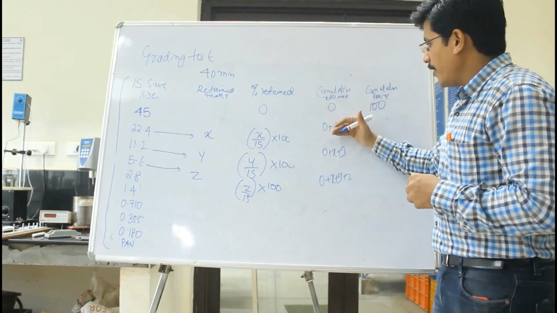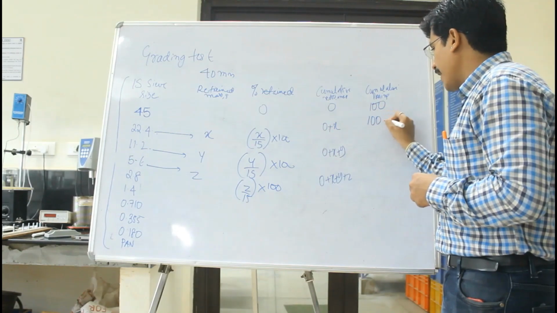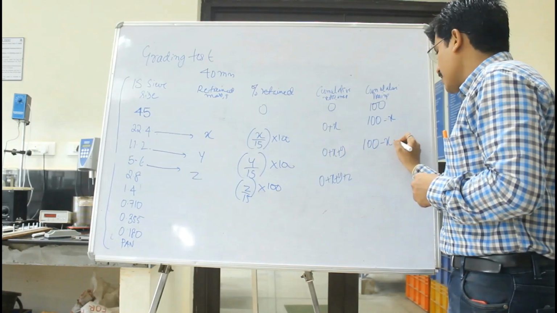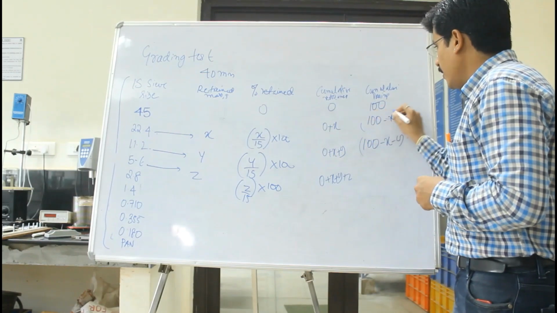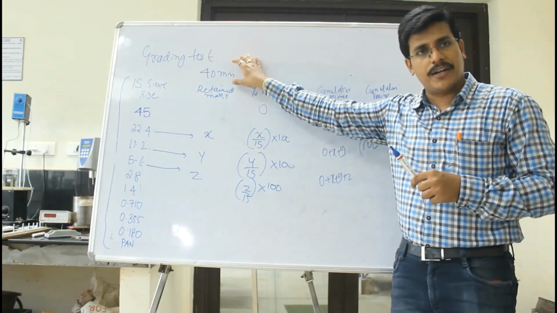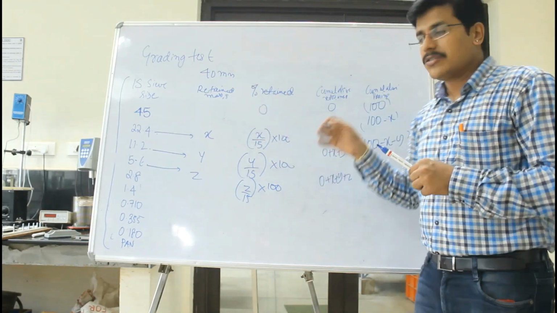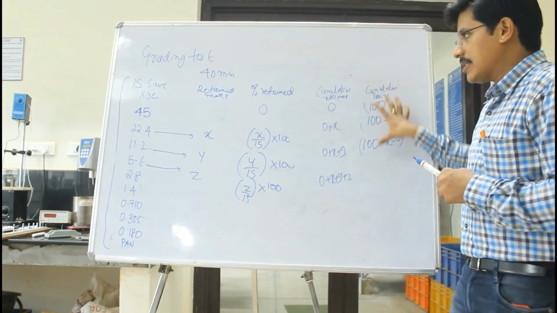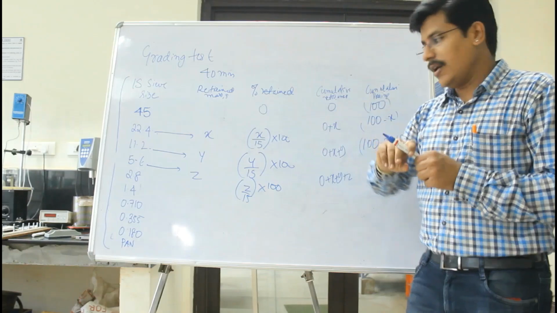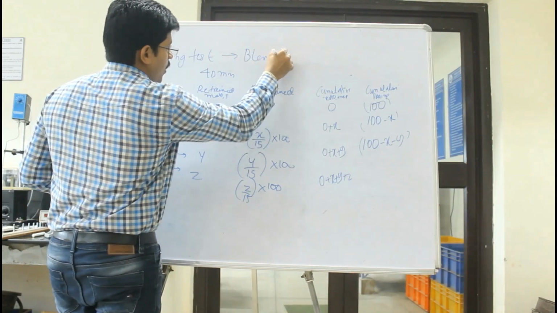Where x percent is retained, passing will be 100 minus x. Similarly, next, passing will be 100 minus x minus y. This way you find the percent passing, and this is the grading we develop for the 40 mm aggregates. We do it in a similar manner for the 20 mm and 10 mm aggregates. This way you determine the grading for each aggregate stockpile and find the grading for a given mix using a method called the blending method.